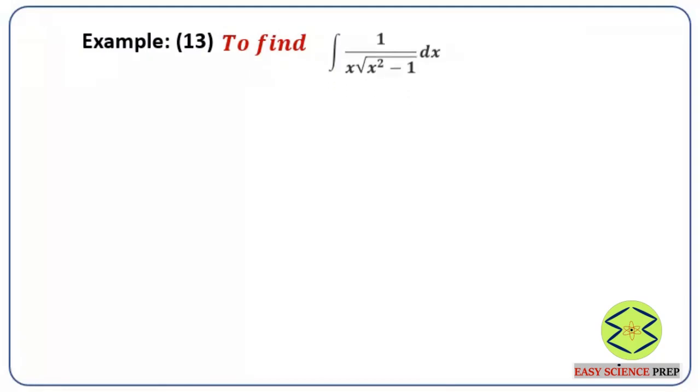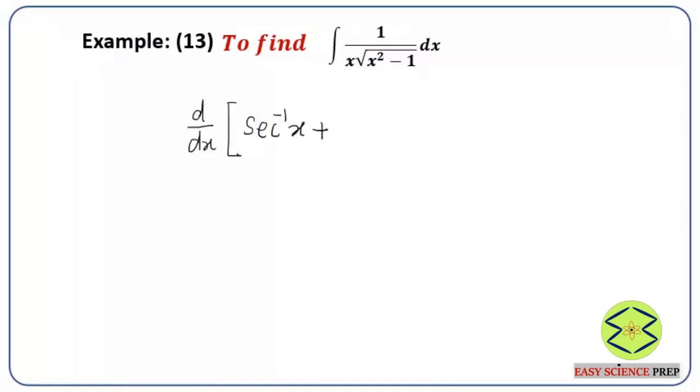So now let's see another example. We would like to find the integration of 1 over x under root x square minus 1. So that's again very simple. We know that the differentiation of secant inverse of x plus c is going to be 1 over x under root x square minus 1, and the derivative of the constant is going to be 0.